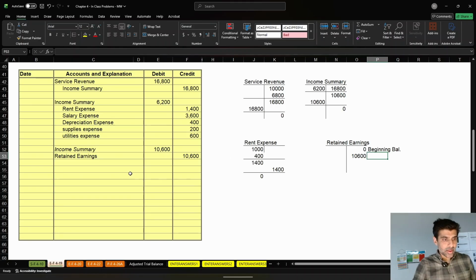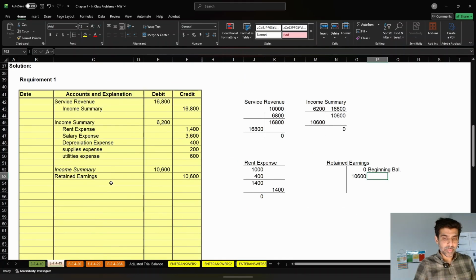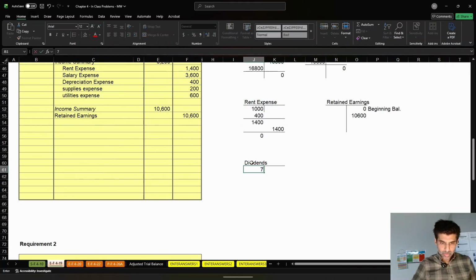Okay, and then the last step is to close dividends. Okay, so if I look here, I see that I have a debit balance in dividends of 800. So this was my ending balance. I'm going to close this out. I need to make it 0.